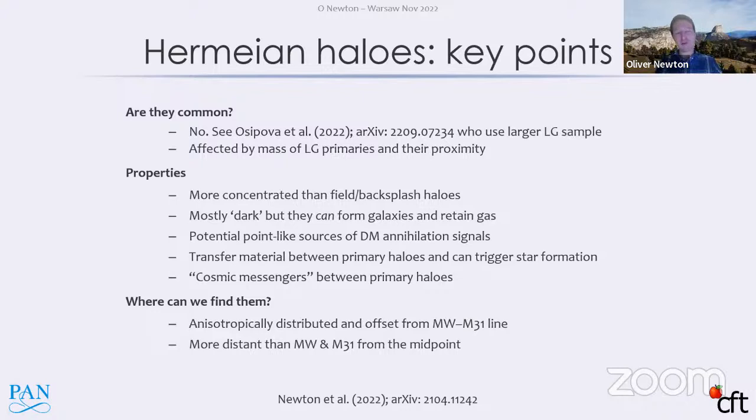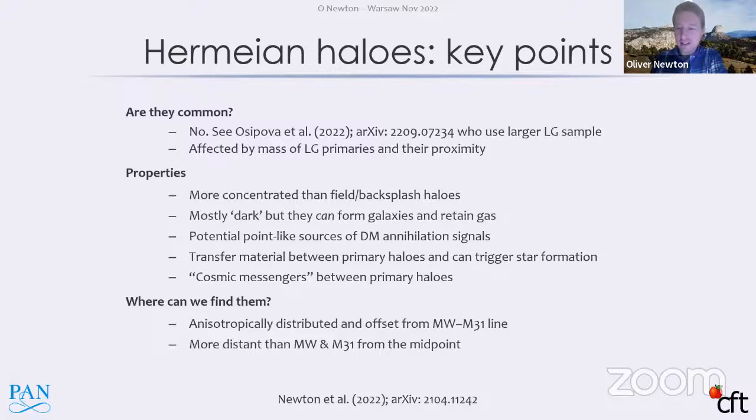They're also very anisotropically distributed at large distances from the Milky Way and M31 in the local group, which hopefully makes them slightly easier to find because of this very constrained spatial distribution.